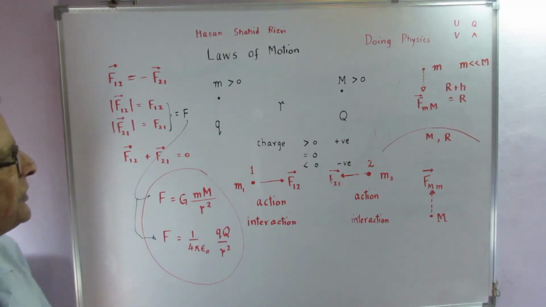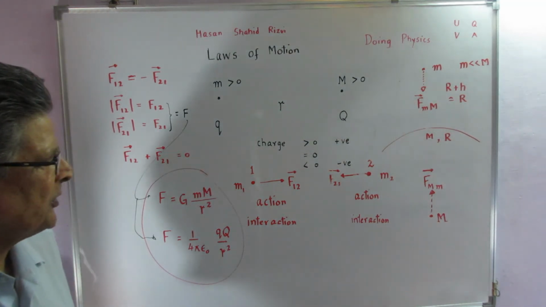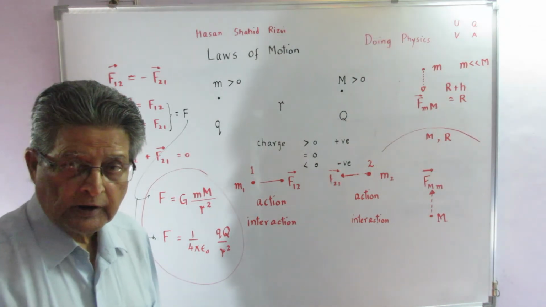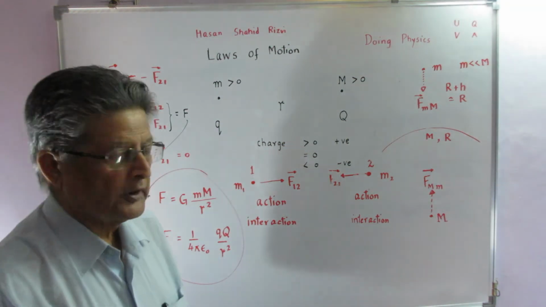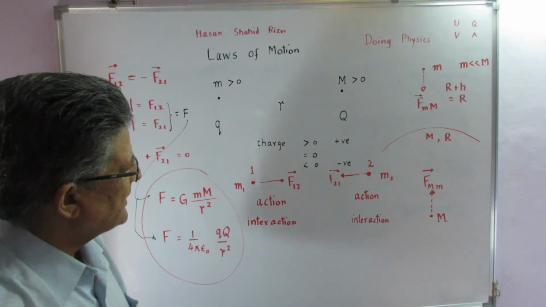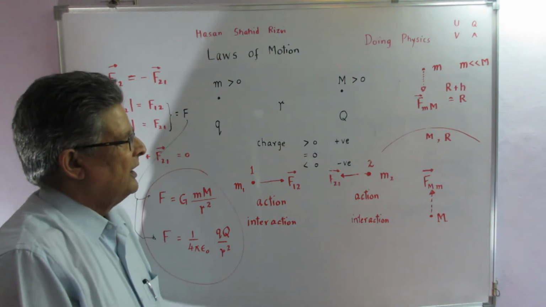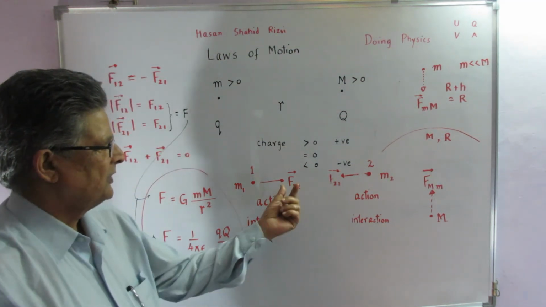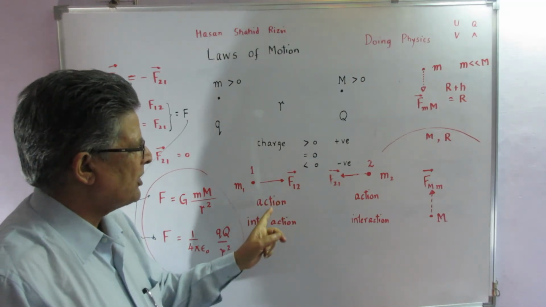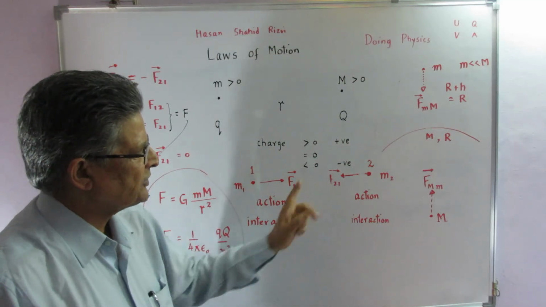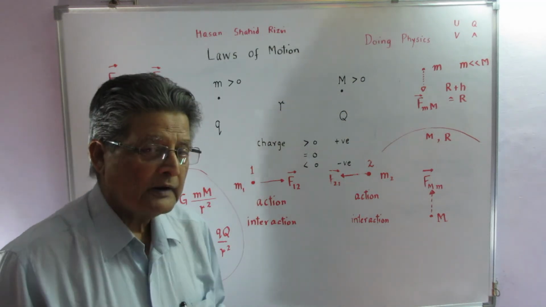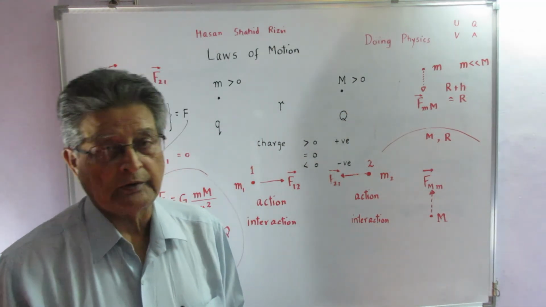So in Newton's third law, the state of a body is determined by the forces acting on the body and not by the forces which the body exerts on other bodies. These two forces are called the pair forces. One you can call action, the other you call reaction. The two forces are on separate bodies.